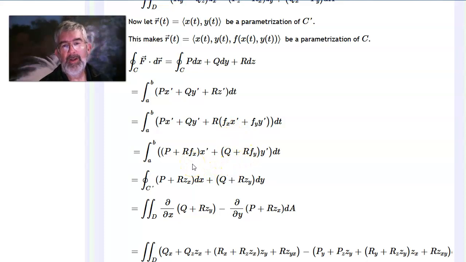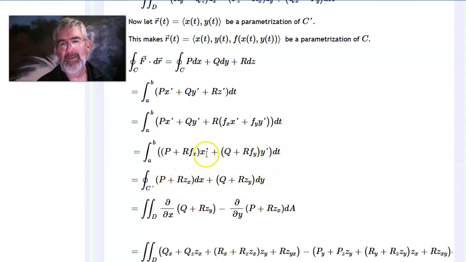But now, this right here is just in the xy plane. There's no z primes anymore. I got rid of the z prime by turning it into x primes and y primes. So this is just the definition of the line integral around c prime of this dx plus that dy, right?